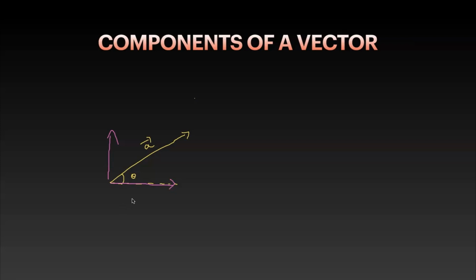And we say that this is A cos theta. What is A? A is the magnitude of vector A. This is A cos theta and this is A sin theta.